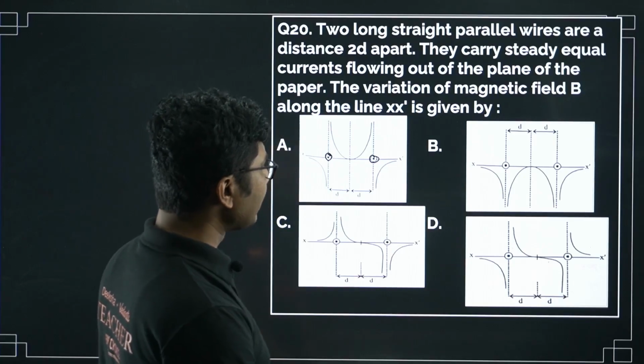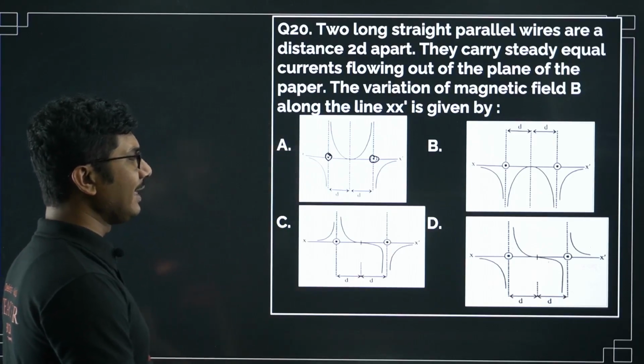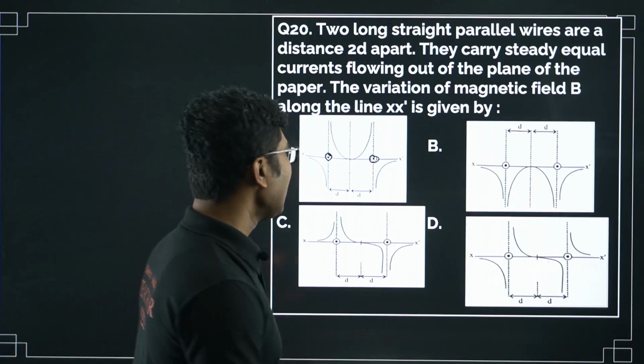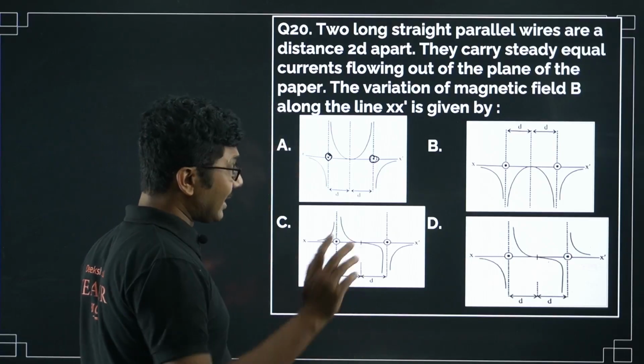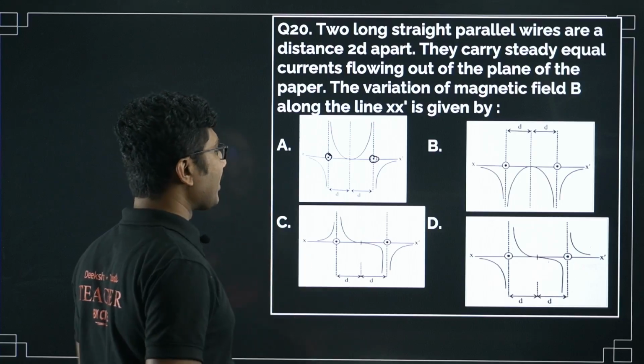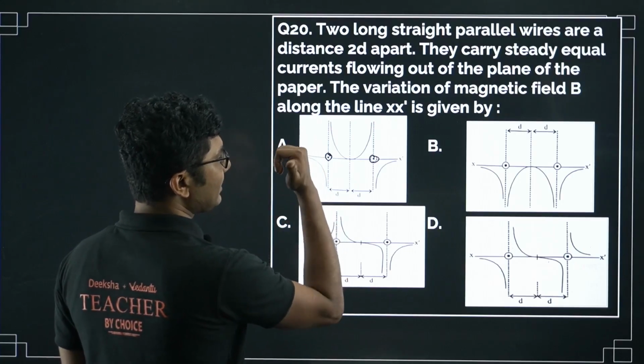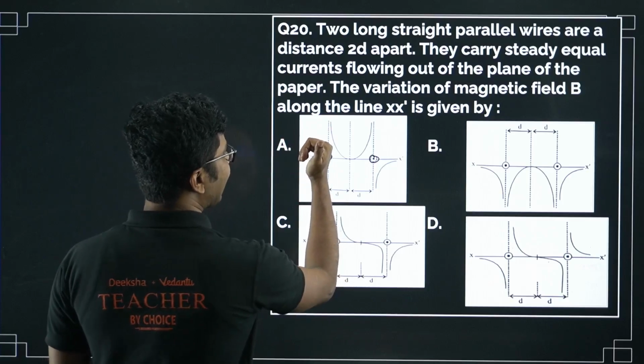Now, let us try to find out the direction of the magnetic field. The magnetic field is circular. What is the direction? Direction is in this direction.